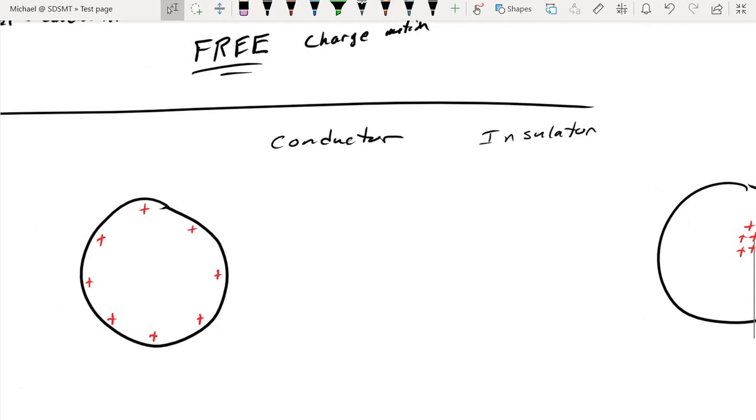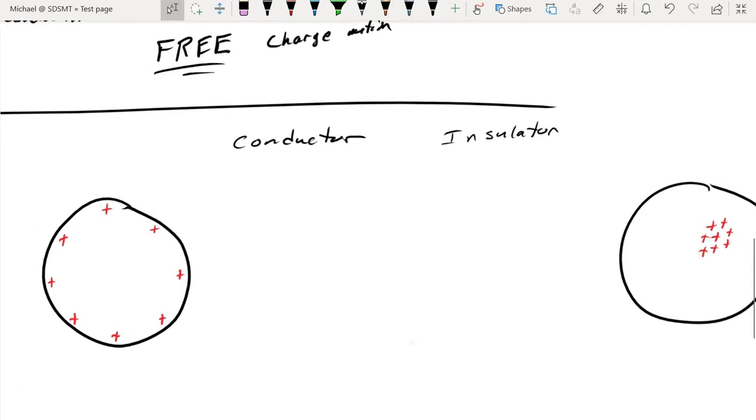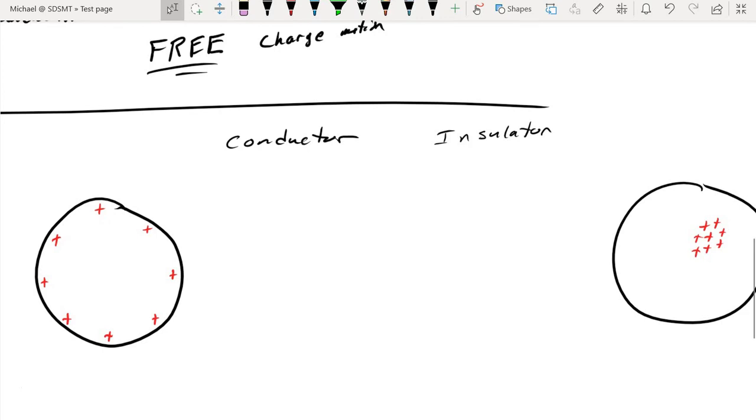Now, some other things to consider when it comes to the structure of these items that we're going to be using. Are you working with a solid material? Is it hollow? So in other words, do you just have a shell?